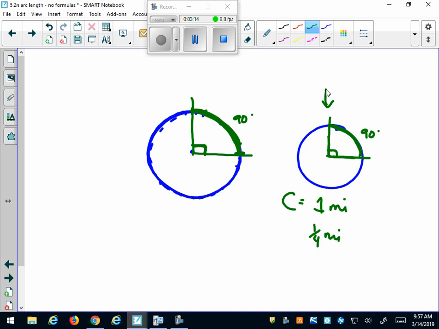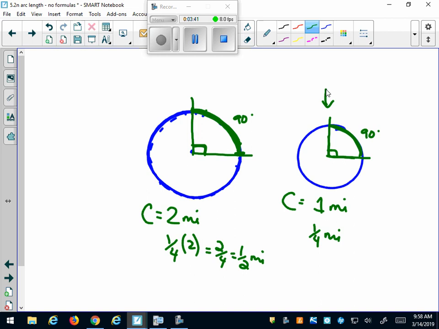All right. Well, what about this track that is 2 miles around? 90 degrees of this track is going to be how much? 1/2 a mile, because it's 1/4 of 2 miles. Well, what's 1/4 of 2? 2/4 or 1/2, right? So it depends on the size of the circle, how long the arc is.